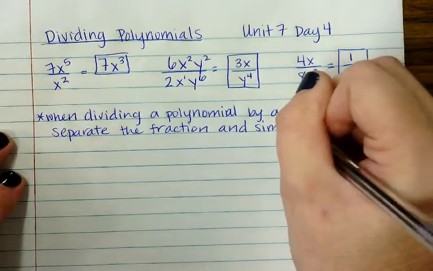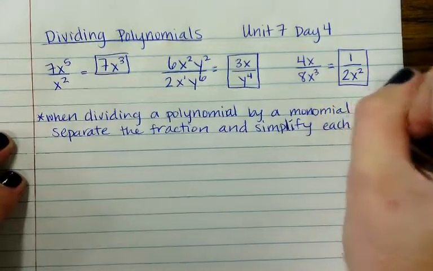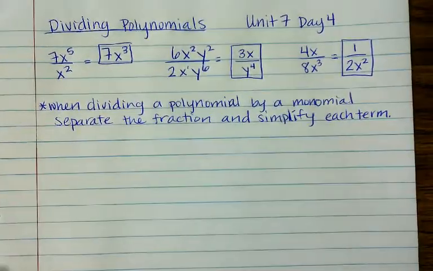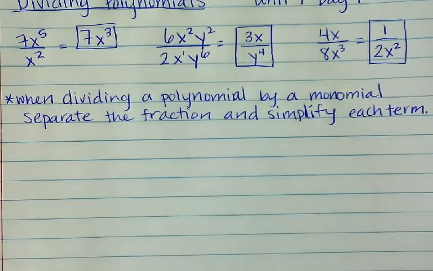I am not able to spell today. Simplify each term. Are you guys good with that? So when you are dividing a polynomial by a monomial, you separate the fraction and you simplify each term.